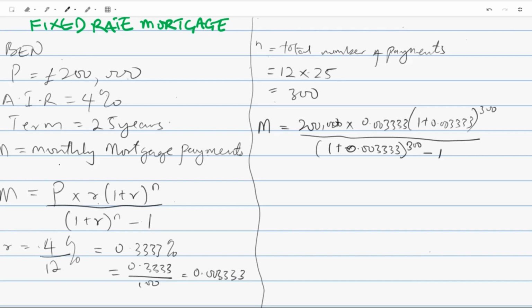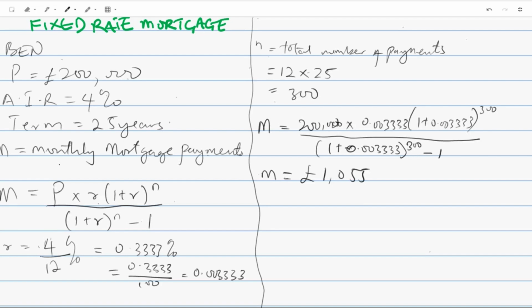In order to calculate this appropriately, in case you don't know, you will need to calculate what is inside the bracket first, to the power of 300. You do the same over here. And when you finish, what you should have, approximately, is £1,055 as the monthly mortgage payment.